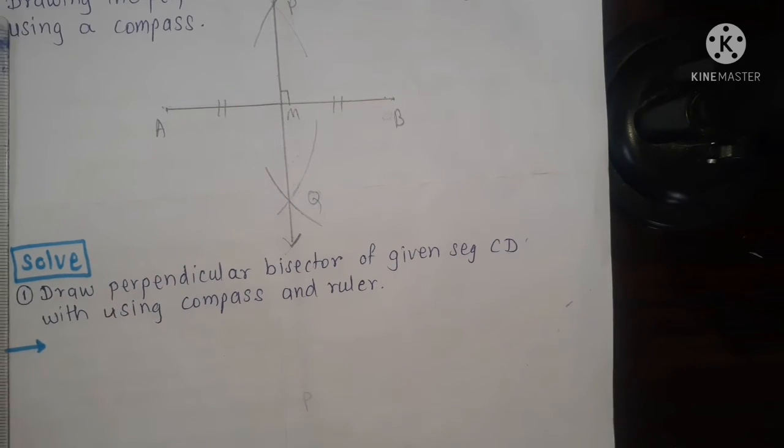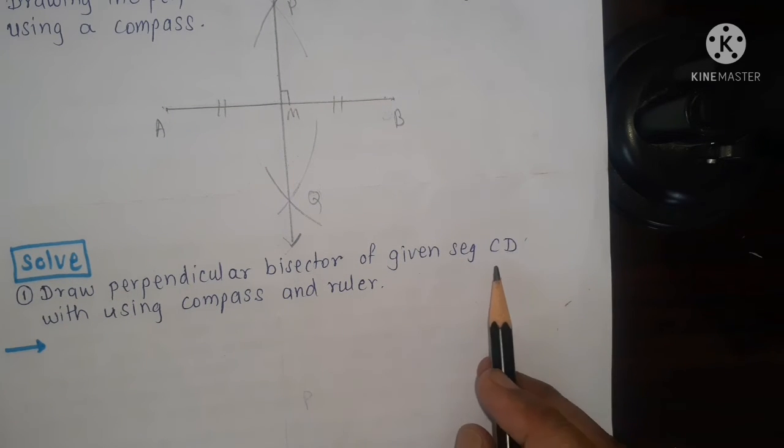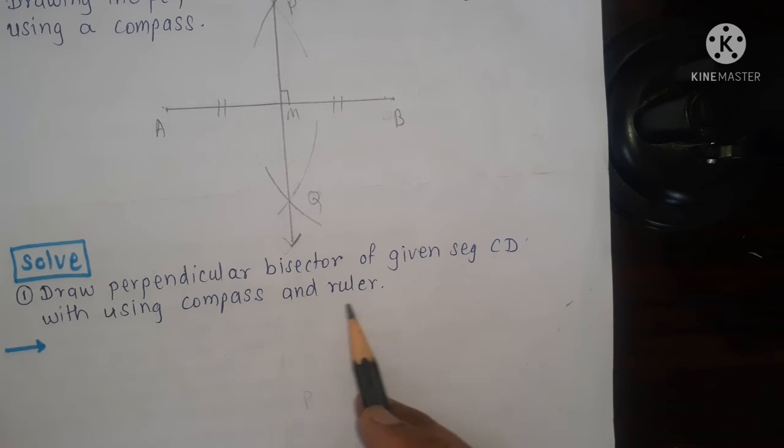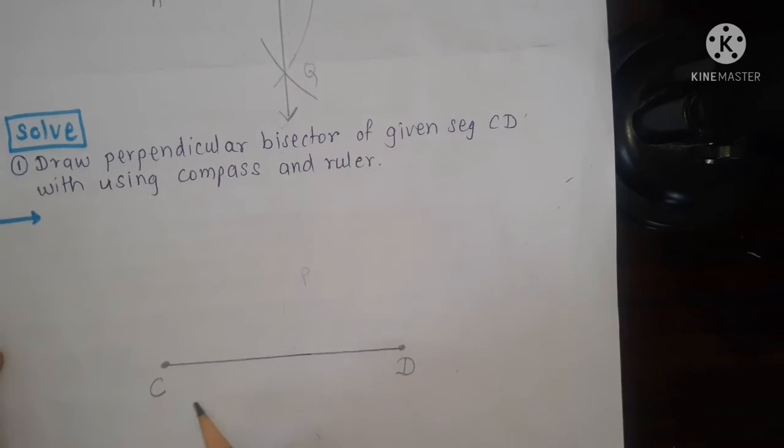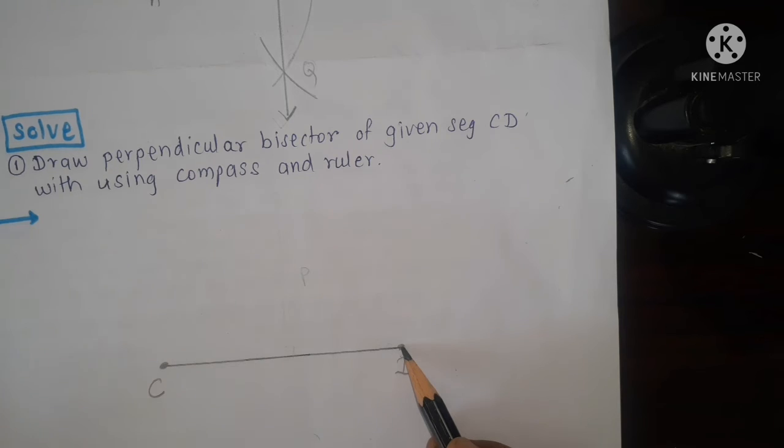Solve. Draw the perpendicular bisector of the given segment CD using a compass and ruler. We are given a segment CD.